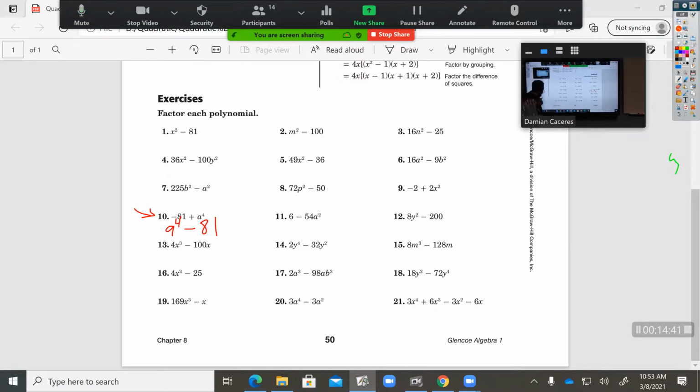The other one that was confusing for students, give me a second. Right here. Look at number 13. Now, off the bat, is 4 a perfect square? Yes. Is 100 a perfect square? Yes.